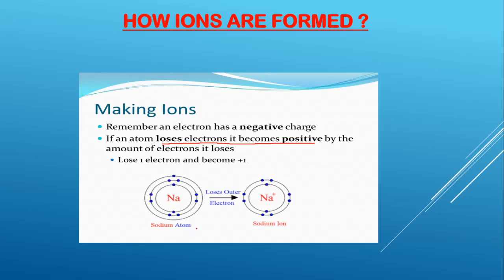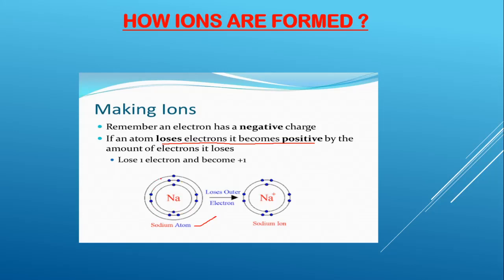If we take the example of a sodium atom, this is a structural representation of a sodium atom, where it has three energy levels. In the first energy level, it has 2 electrons. In the second energy level, there are 8 electrons.